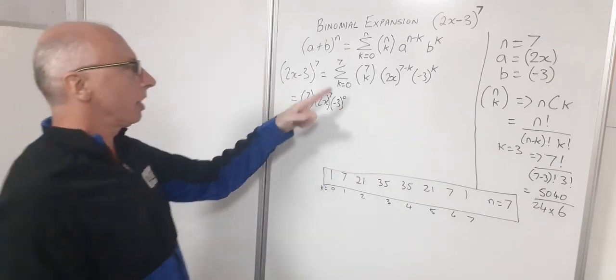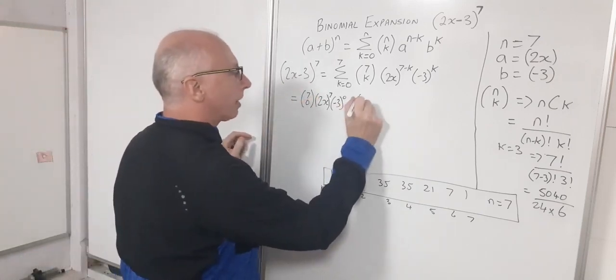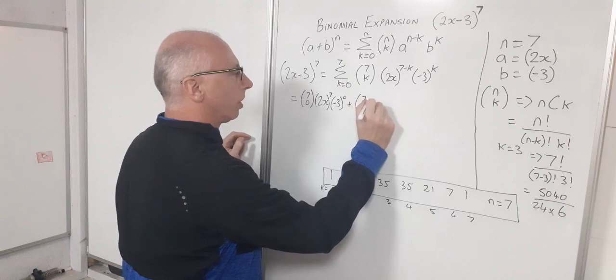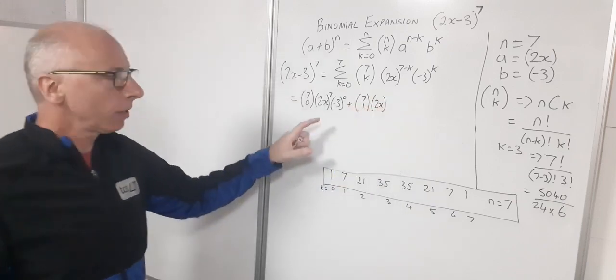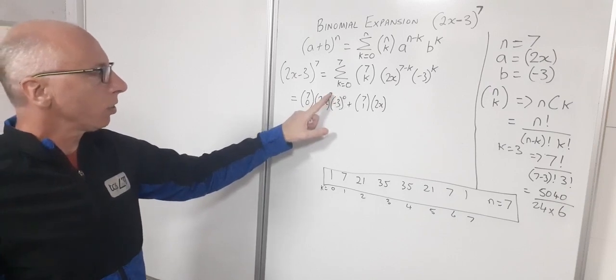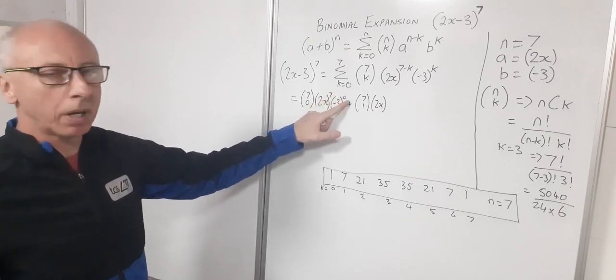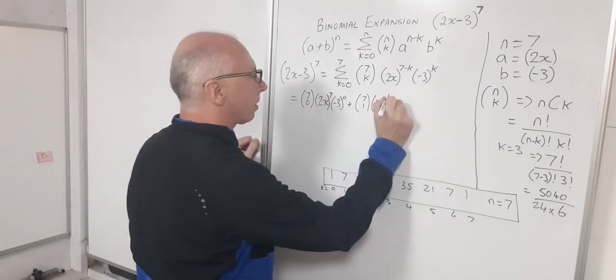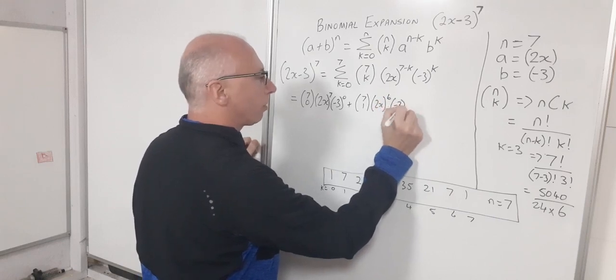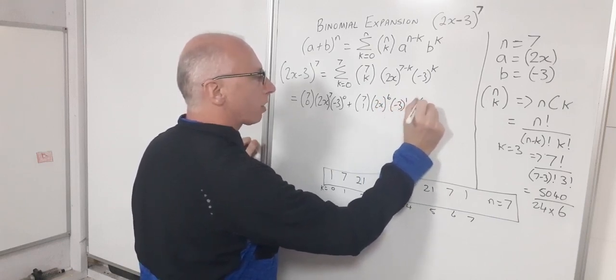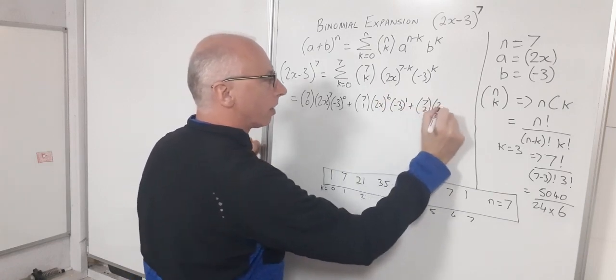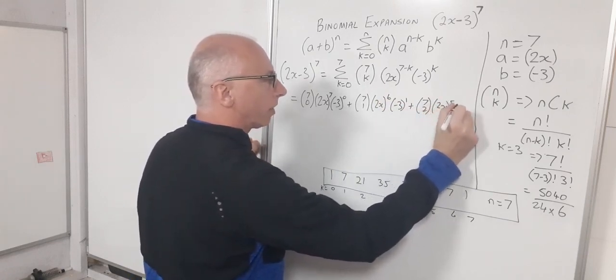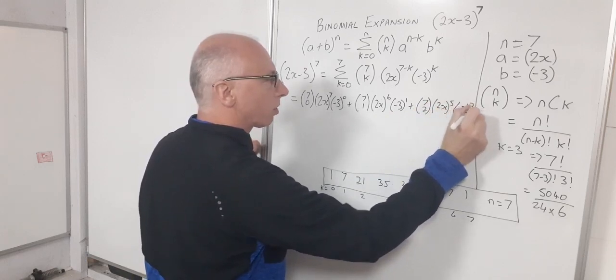Now when k is 1, I add 7 choose 1, 2x. What you'll notice here is these indices: that one drops by 1, this one increases by 1. So I've now got 2x to the 6, minus 3 to the 1. Next one, 7 choose 2, 2x to the 5, minus 3 squared.